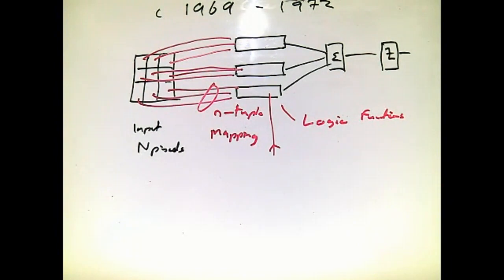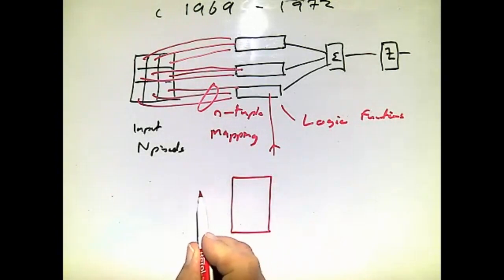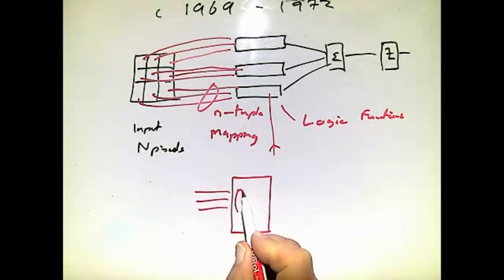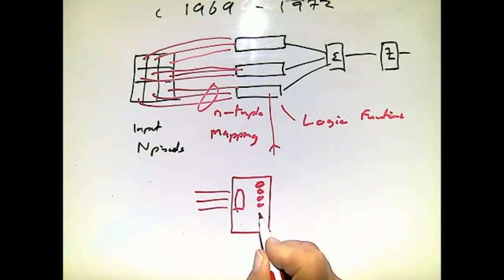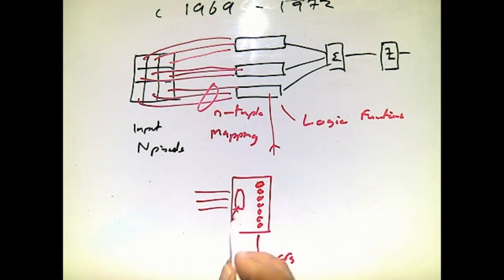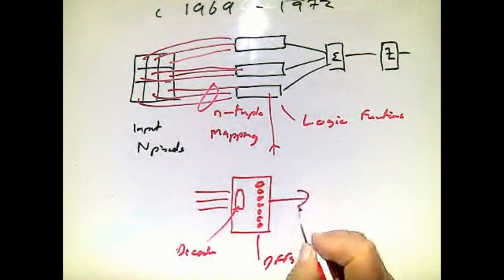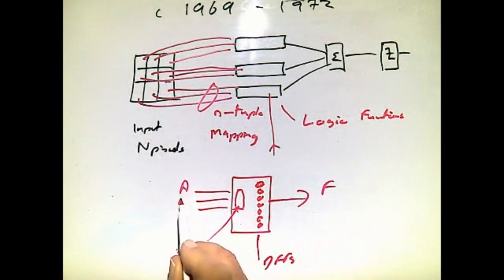And the structure was, I'll do the 8-bit one. 3 inputs, you have a decoder there, and you have 8 DFFs: 1, 2, 3, 4, 5, 6, 7, 8. Decoder. And we have an OR gate on the output, there's a function coming out, there's A, B, C going in.